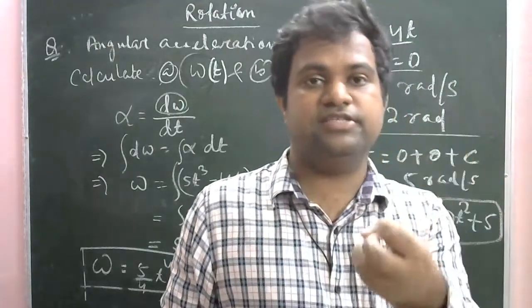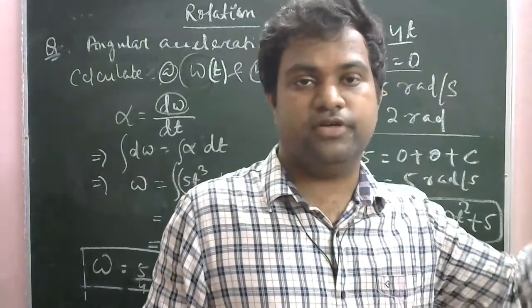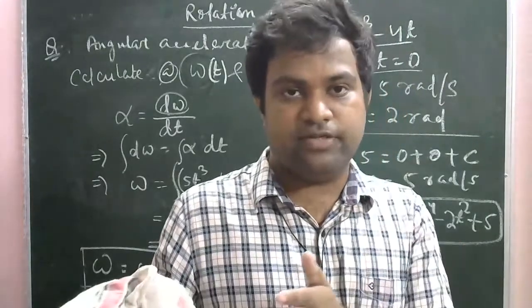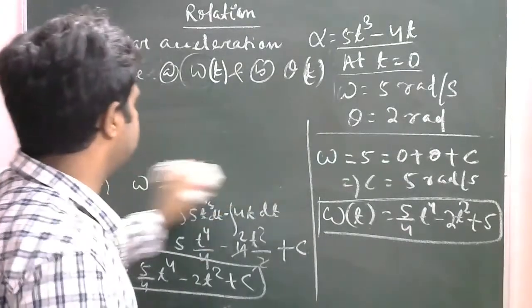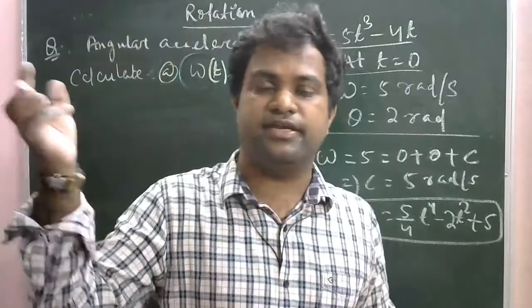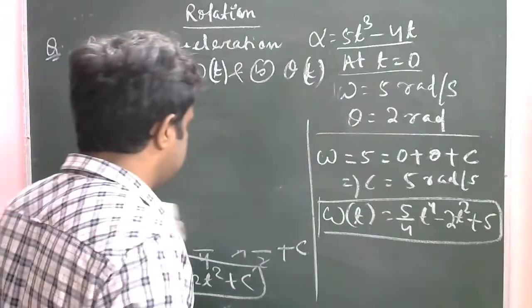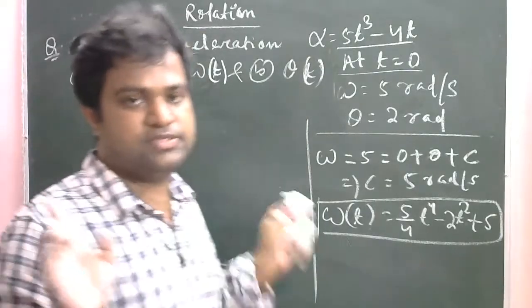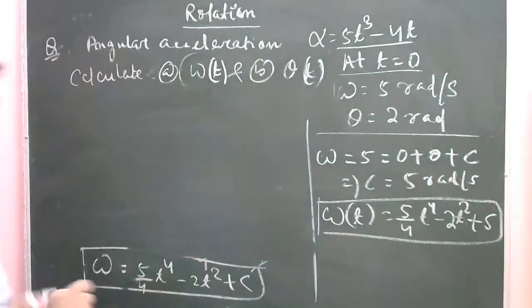If velocity is given to you, how will you calculate the displacement? You have to integrate velocity, like you have done in linear cases. Just compare and relate with your linear cases, then things will be easy. It's just a notation difference, nothing else.